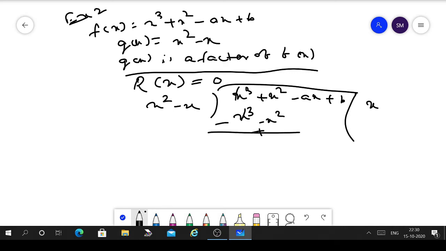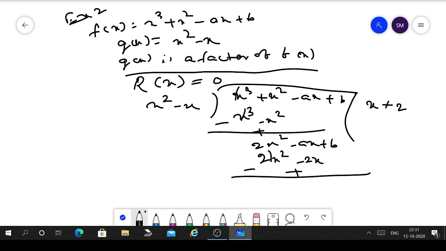Then this is 2x square minus ax plus b. Then put plus 2, then this is 2x square minus 2x. Then cancel. We get 2x minus ax plus b as the remainder.